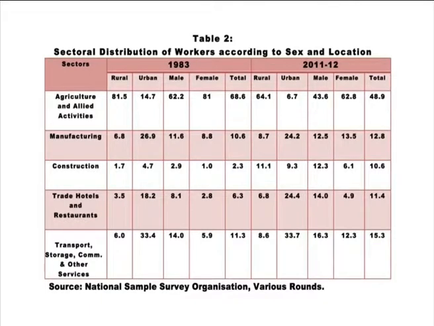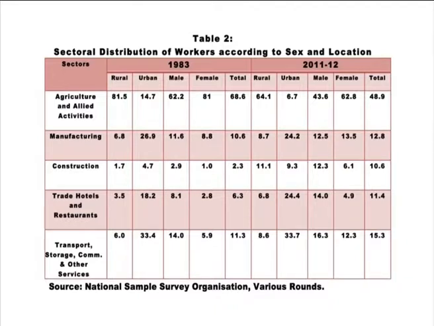The table shows that between 1983 and 2011-12, the share of agriculture in total employment of India fell by almost 20 percentage points, which is nearly similar for both males and females.